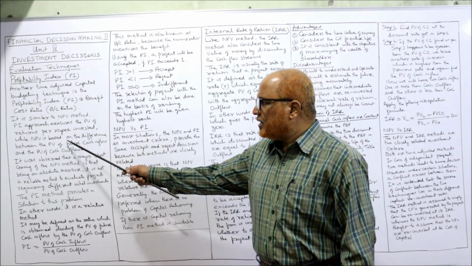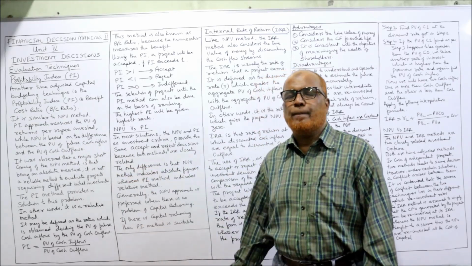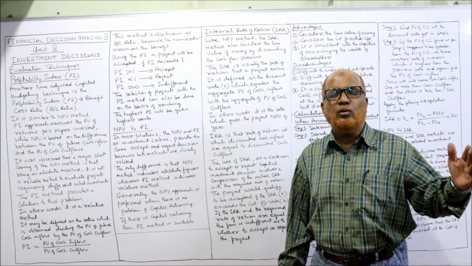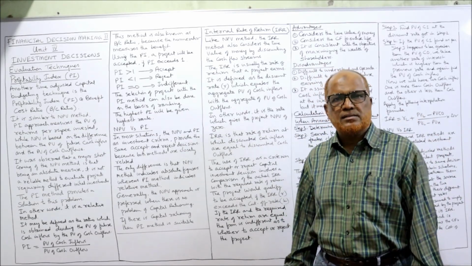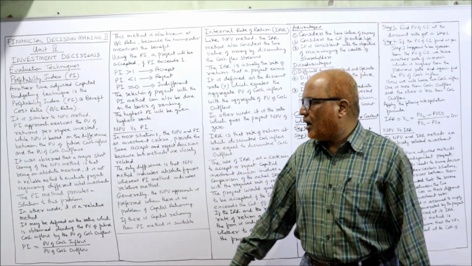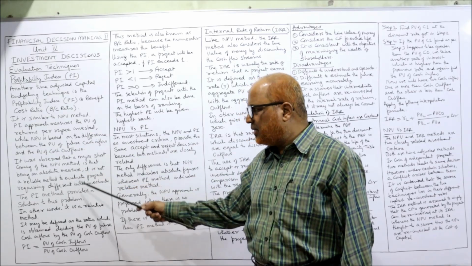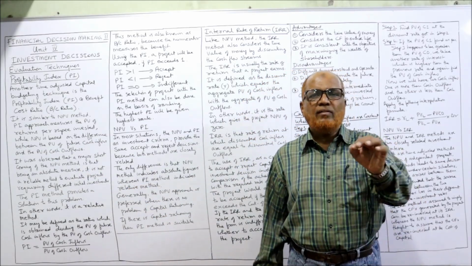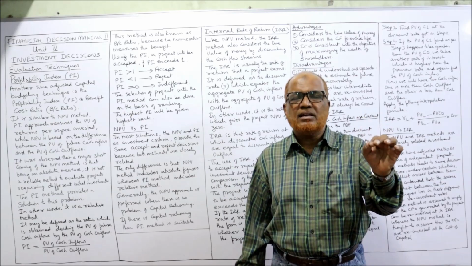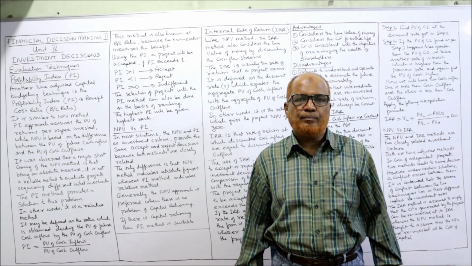NPV is based on the difference between PV of future cash inflow and PV of cash outflow. It was observed that a major shortcoming or disadvantage of the NPV method is that it is an absolute measure.